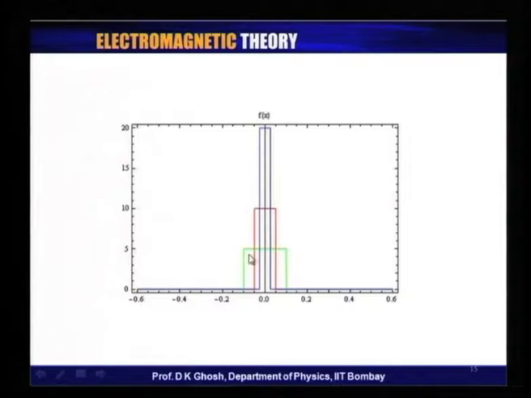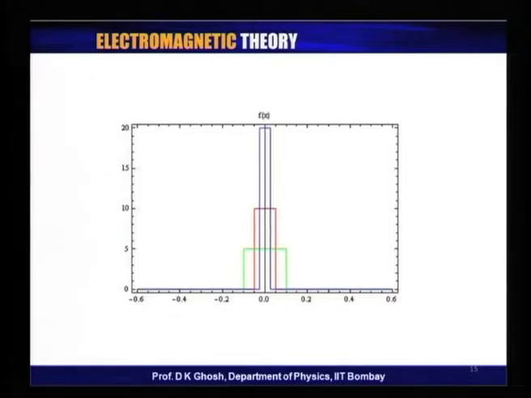This next one is red, I increase n, further increase n. Now, as I go on increasing n, you notice what is happening is that the width of this function is going on decreasing, but the height keeps on increasing in such a way that the width times the height, which is nothing but the area, remains constant.